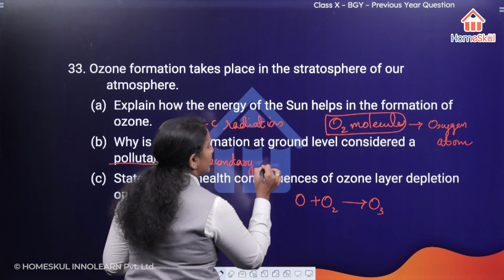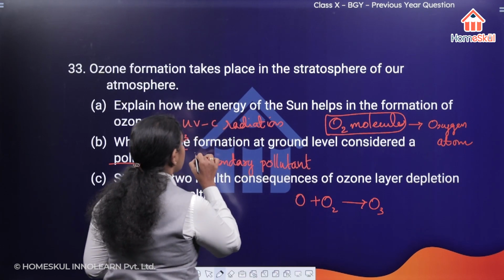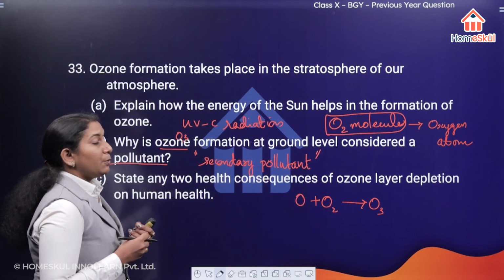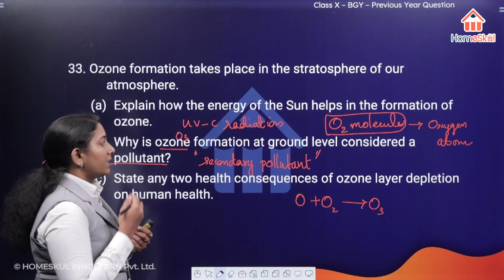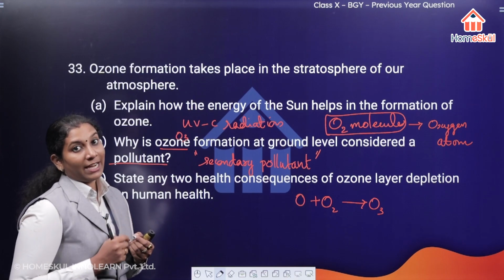What is the reason for that? It is considered a secondary pollutant because it is produced when two primary pollutants interact in sunlight and stagnant air.